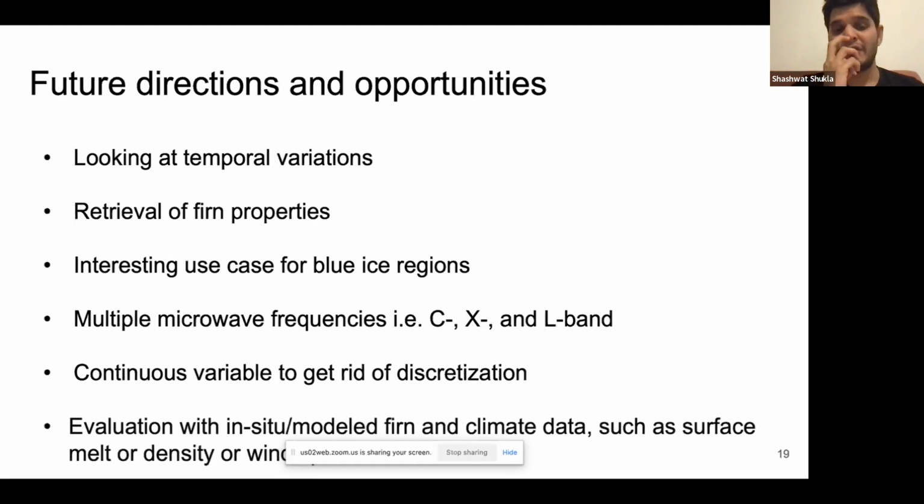And finally, the evaluation with in situ and model firn and climate data could be a very big advantage. For example, comparing these particular regions and classes with different properties, like surface melt, density, or wind speed. So it could be a very interesting thought.